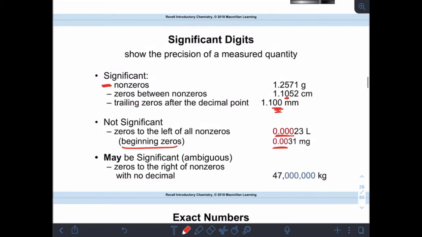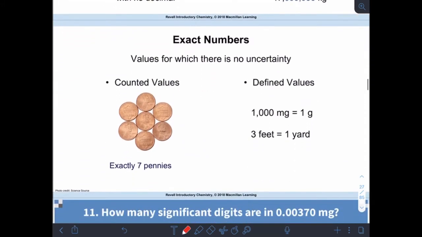Okay, now, exact numbers. There are some numbers out there that are considered exact, so they have no uncertainty to them. Okay, for example, 7 pennies. There's not 7.1 pennies, there's not 6.8 pennies. There are 7 whole pennies there.